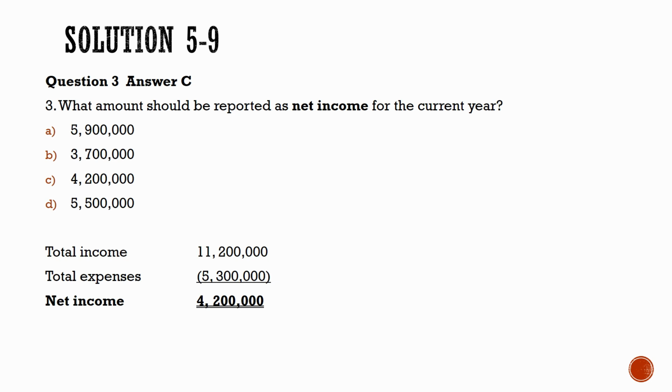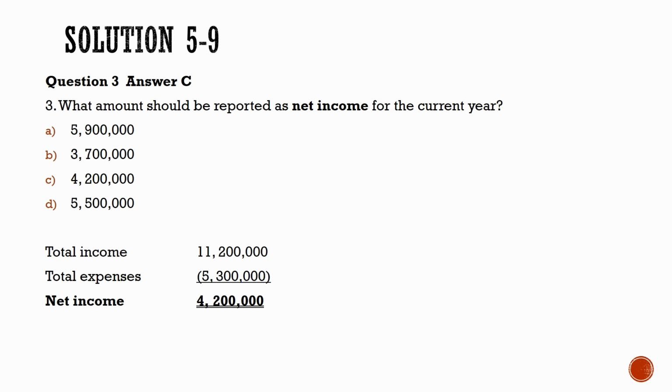So, para makuha po natin yung net income, ganito po yung gagawin natin, Miss Camille Mirones. We just simply subtract the total expenses to the total income before tax. And since we already have the amount po that was being answered on the first and second question, let's calculate na.